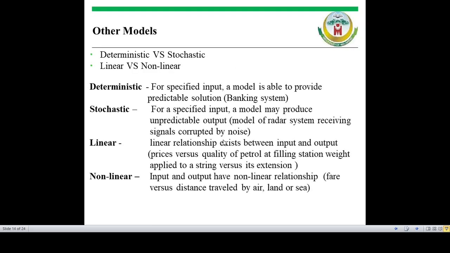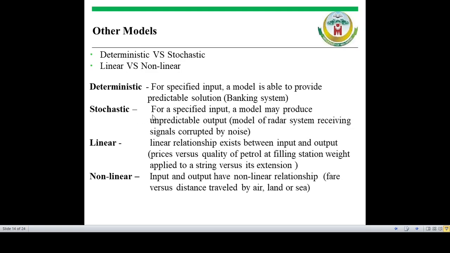Other models: deterministic versus stochastic, linear versus non-linear. In a deterministic model, for a specific input, the model is able to provide predictable solutions. For a given input, we know we will get a particular output, and it will always give the same output.